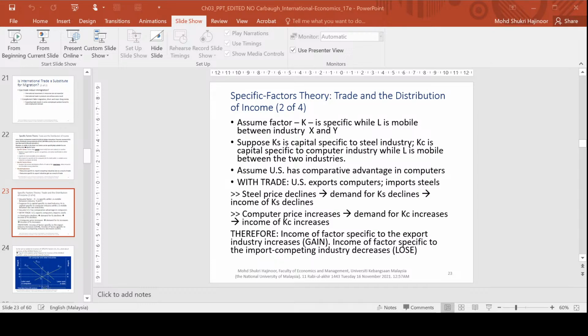Now wages are up to 20 at point B. Increase in wages. So the trade effect on incomes of a mobile factor is ambiguous, because that's part of the story. I have not yet gone to point C.